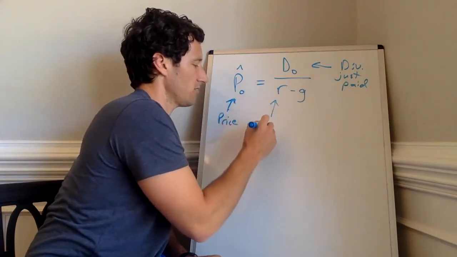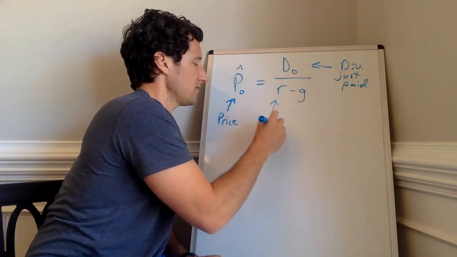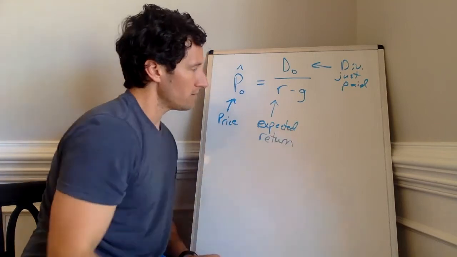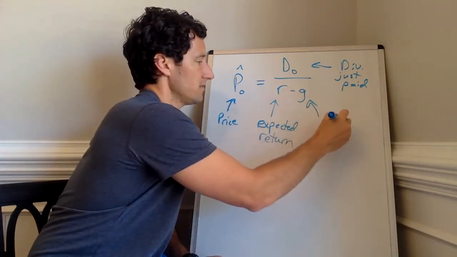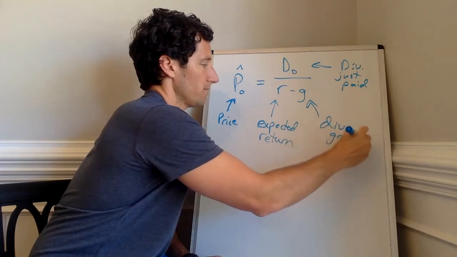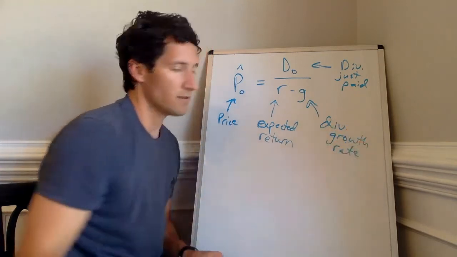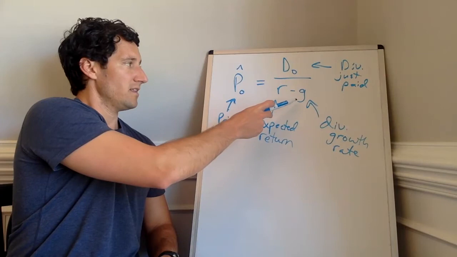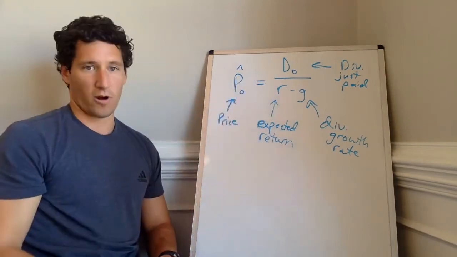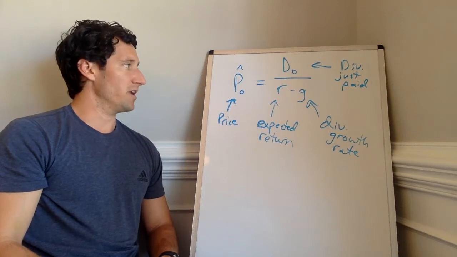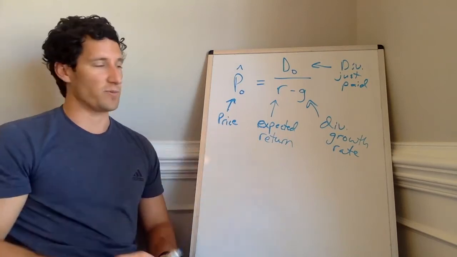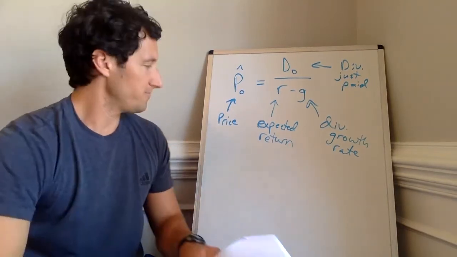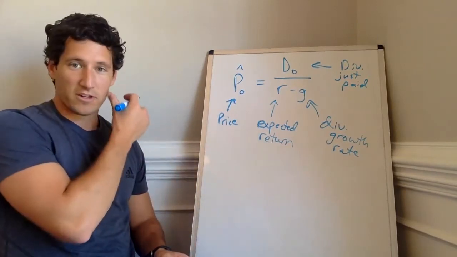R is our expected or required return. And then G is your dividend growth rate. Okay, so if we have a dividend growing at a constant rate, and we estimate this, we have our required return that we expect for the stock, and we know the dividend just paid, then we can discount all this back to today. So that's how we'll solve this one.